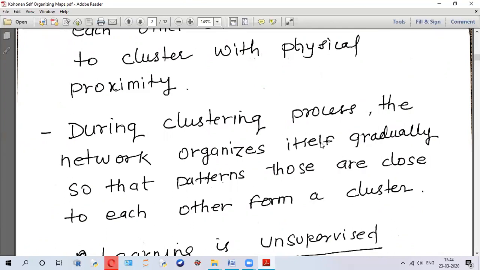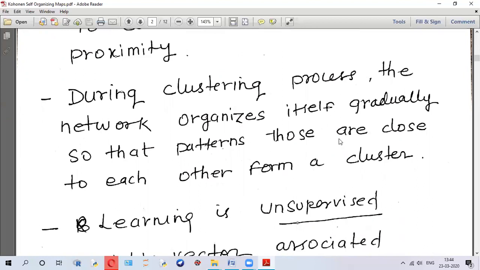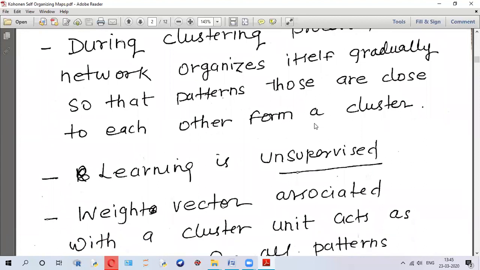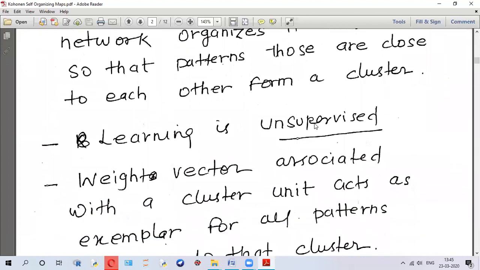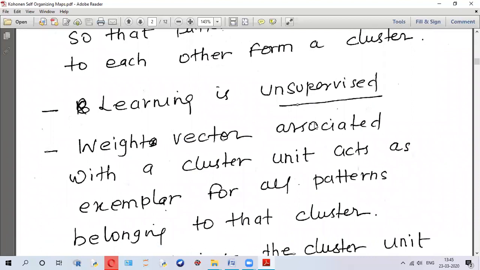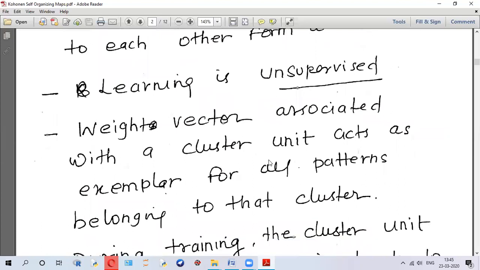And we would be updating only those neurons which fall under the proximity of that structure. Very obviously, this learning comes under the category of unsupervised learning, and the weight vectors associated with the cluster units will act as the exemplar for all the patterns belonging to that cluster. We would also call this a code vector.